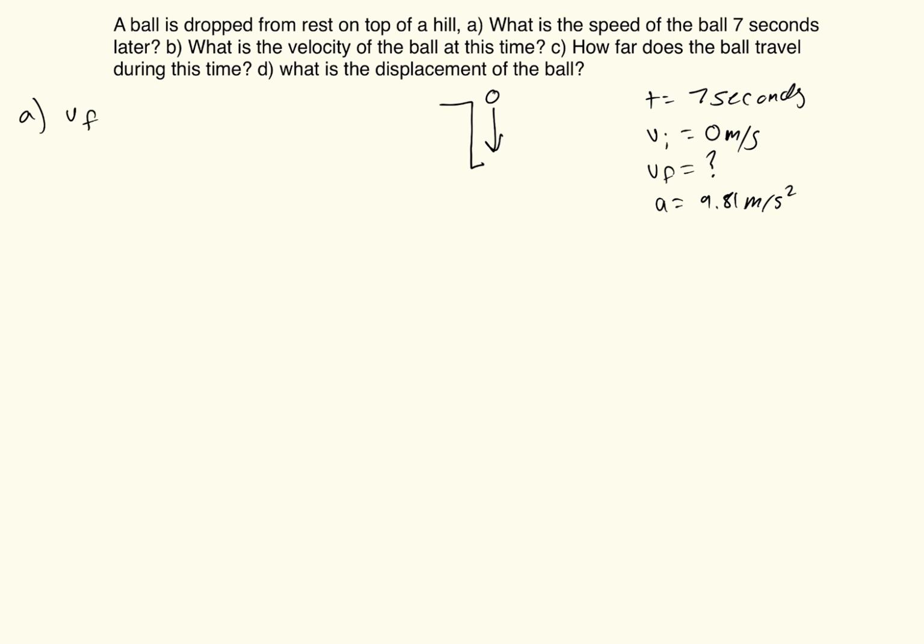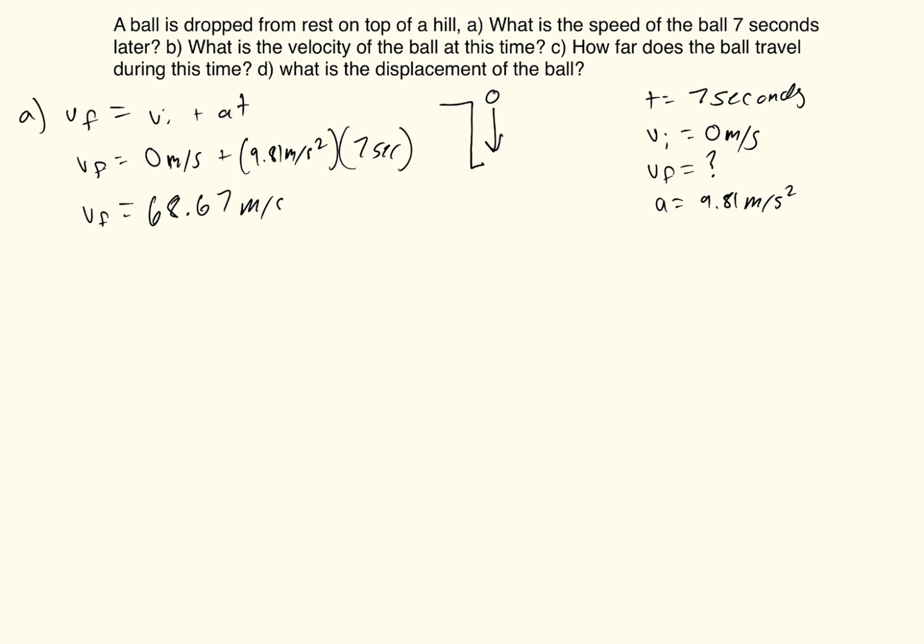So our final velocity is equal to our initial velocity plus acceleration times time. So that's 0 meters per second plus 9.81 meters per second squared and 7 seconds. So our final speed is equal to 68.67 meters per second.